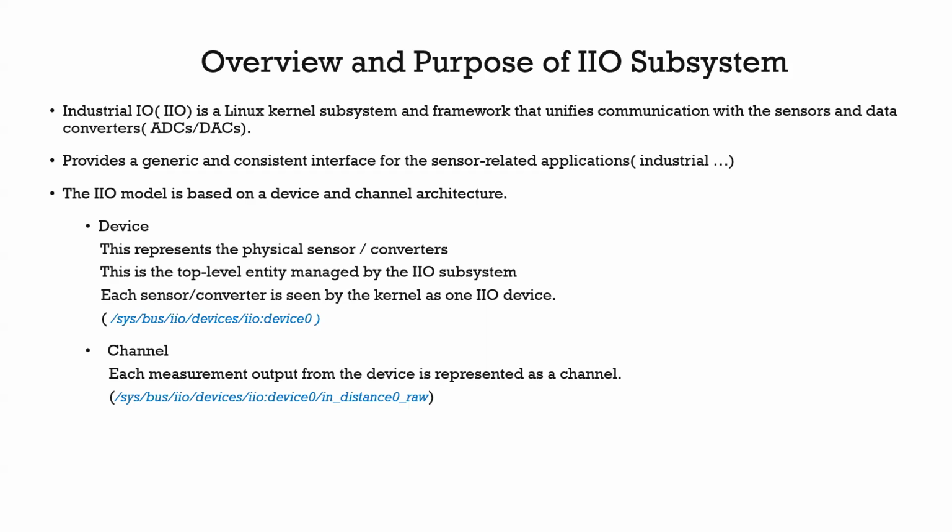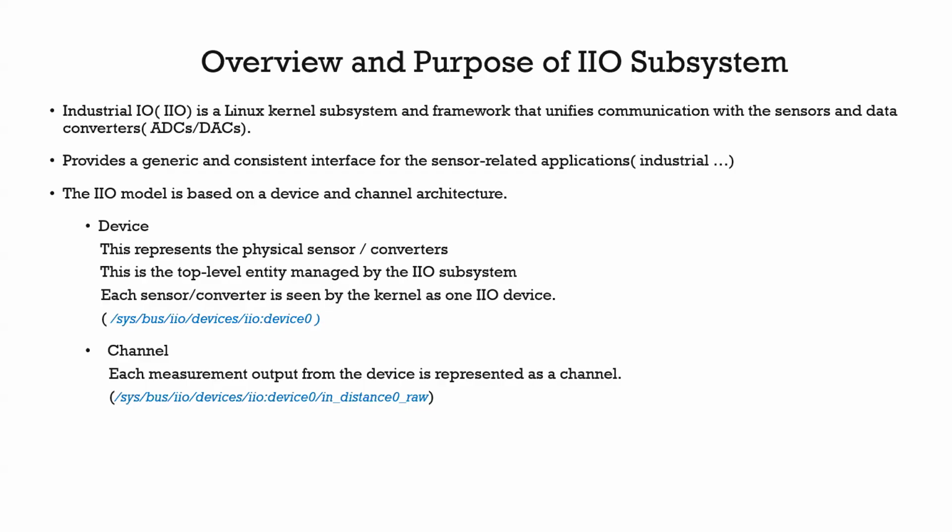Each driver may or may not have different channels based on the hardware. For example, ADCs come with different channels. These are all physical channels. Using these channels, you can measure different voltage levels, current levels, or any physical quantities. I'm just taking an example of the ADS1115.